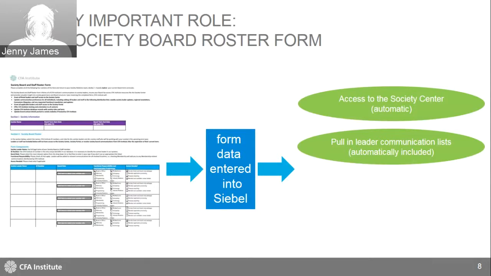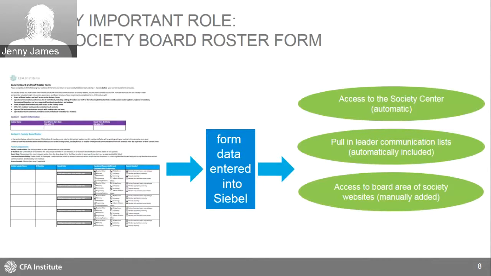A list pull takes about 30 minutes during peak season when there's a lot of turnover, so we pull those lists typically every 10 days to 2 weeks. And once the volume of leader turnover starts to lighten a little bit, we would tend to stretch that out to a 3-week turnover. So we pull a new leader list every 2 weeks for communications.